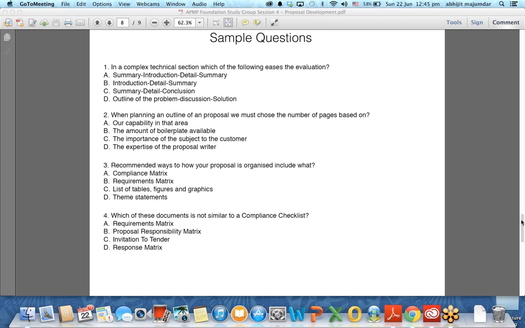As long as it is not occupying a level number given by the proposal outline of the customer, you are free to write that section. Do not mix it up with a level number provided by the outline of the customer.